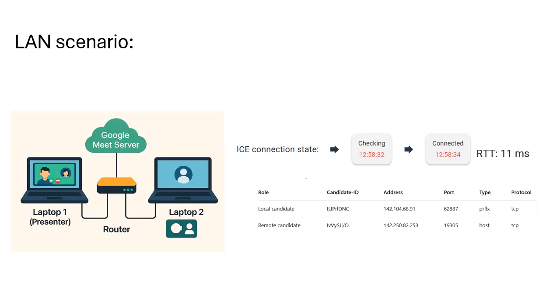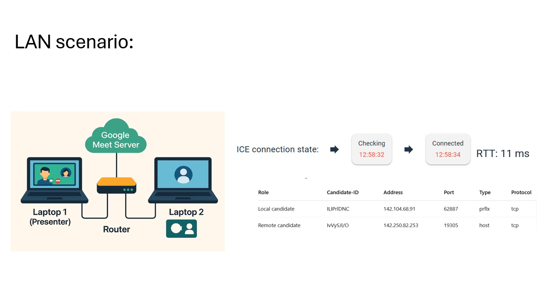For the LAN scenario, both laptops sit behind the same router with a wired connection during the Google Meet call. On the right side, you can see ICE go to checking at 32 seconds and connected at 34.